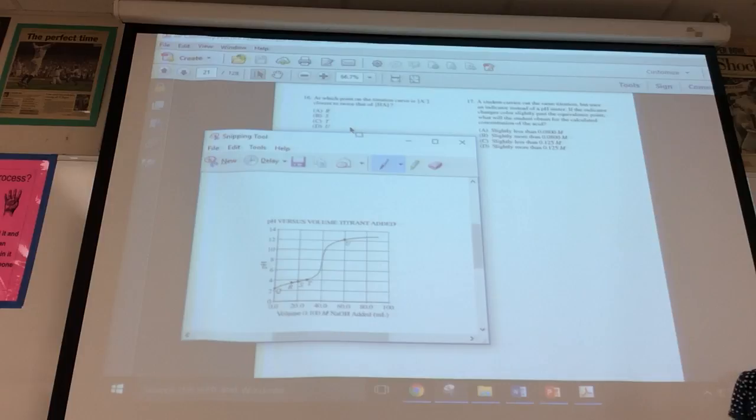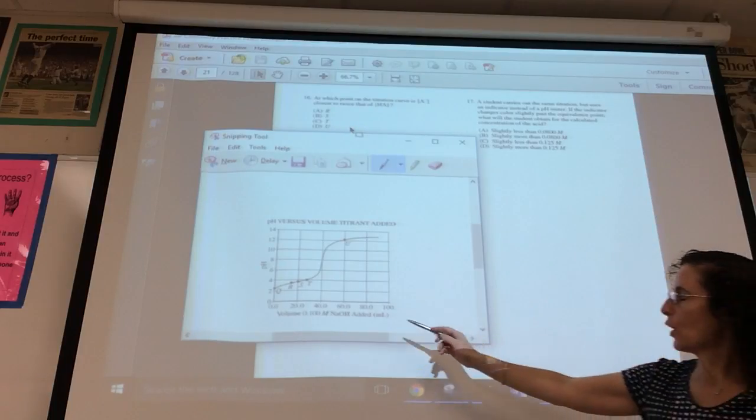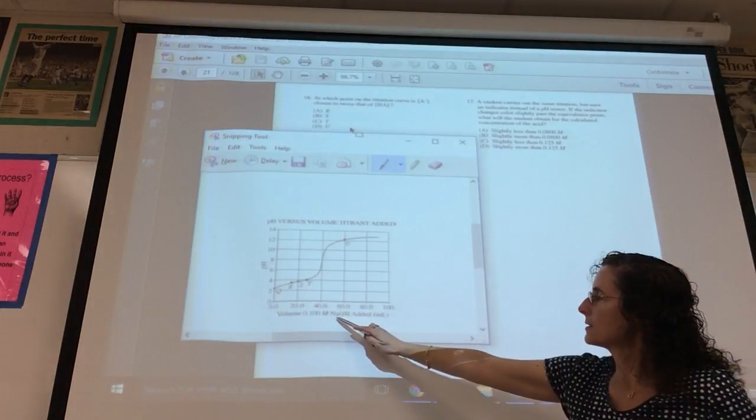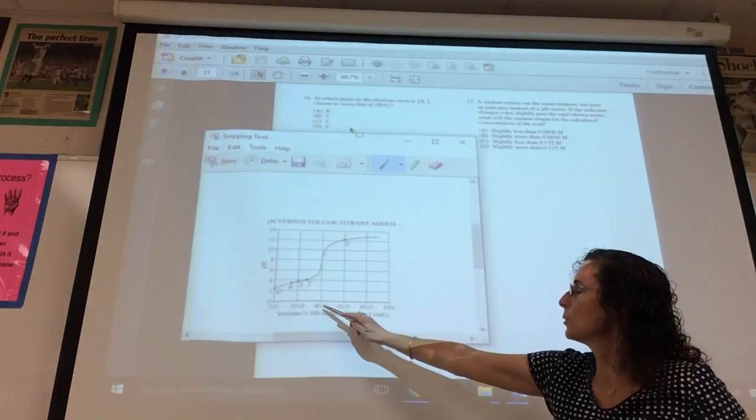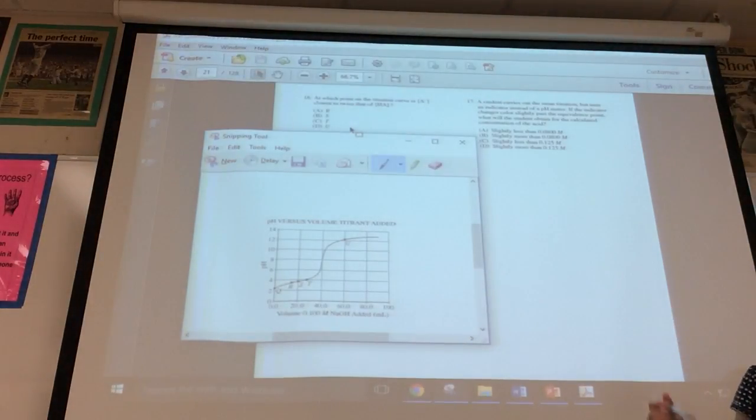the acid? Okay, so in regard to the base, you had 0.1 molar and you added 40 mils. So that would be 4 millimoles of strong base, correct? What do you know about millimoles of strong base and weak acid? You're going to neutralize all of it at the equivalence point, right?